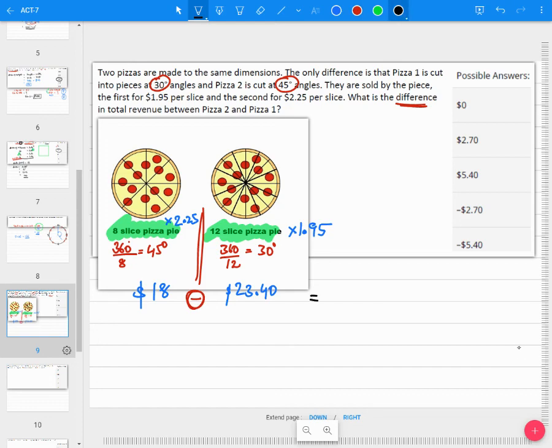When you subtract, you get negative $5.40. You get it. So it's not positive, it's negative $5.40, from pizza 2 to pizza 1. So $5.40 is the difference, negative $5.40.